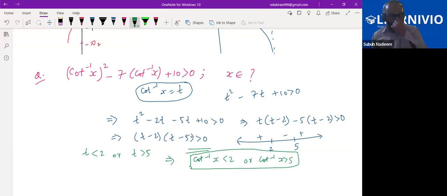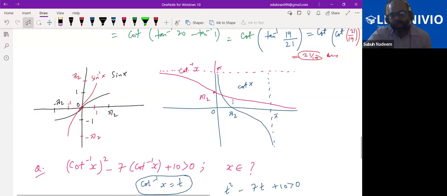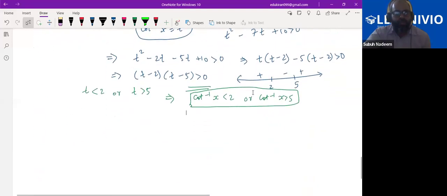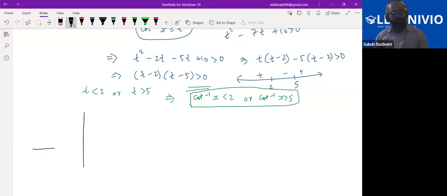So now the graph of cot inverse x is important. After you have come to this result, look at this graph of cot inverse x, which we discussed a while ago. This is a graph which is like this, and it has this line, which is an asymptote.